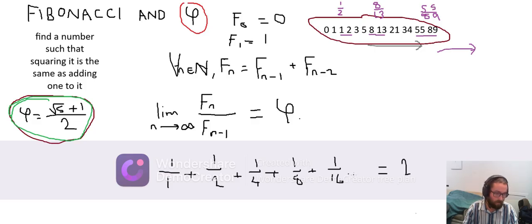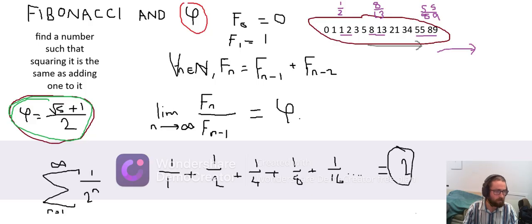In fact, we can say that it equals 2 and it goes on forever. This is the sum for n starting at 1 to infinity of 1 over 2 to the power of n. This is a converging series because there's a value that it will never go above.